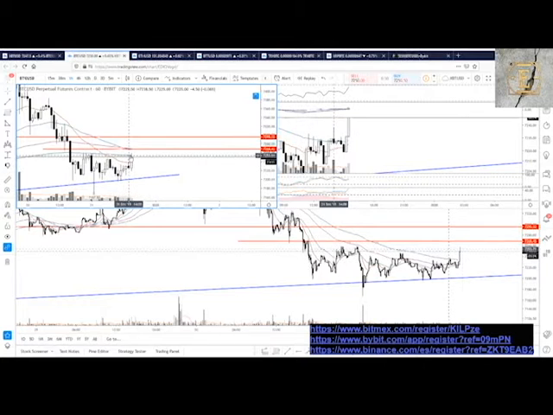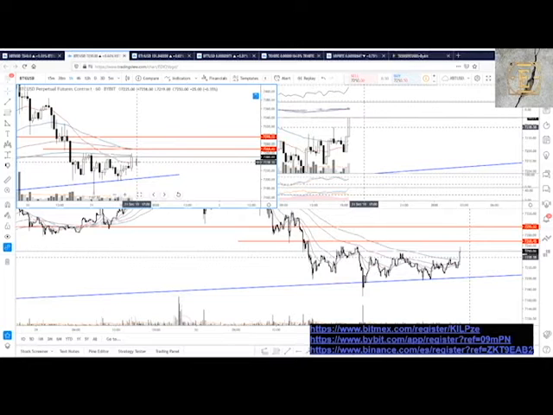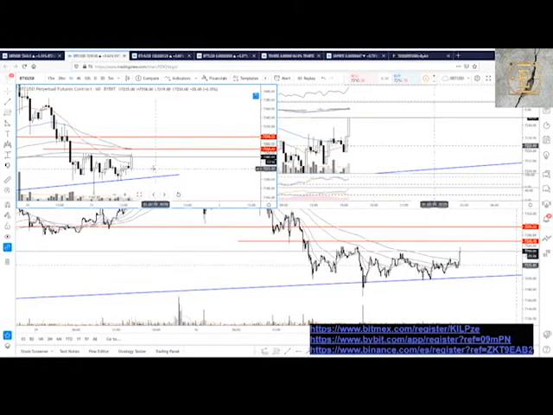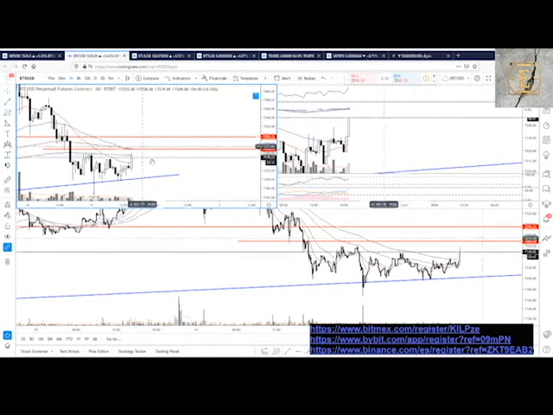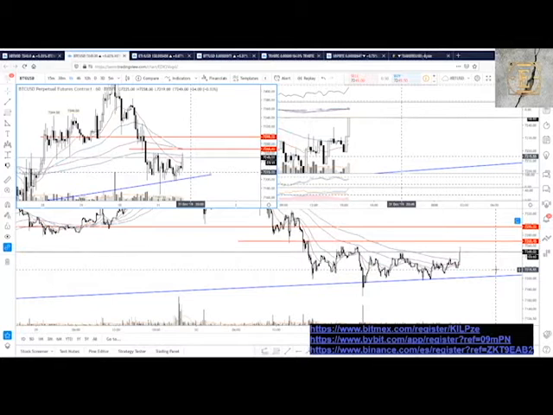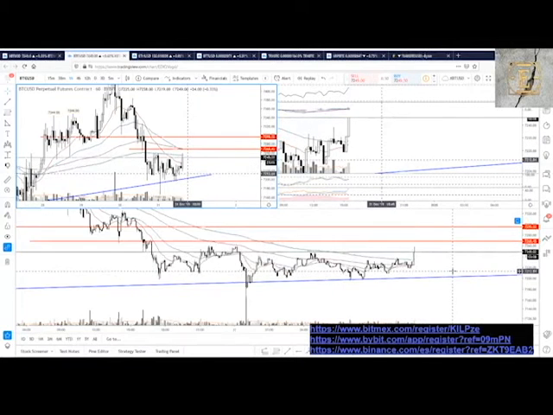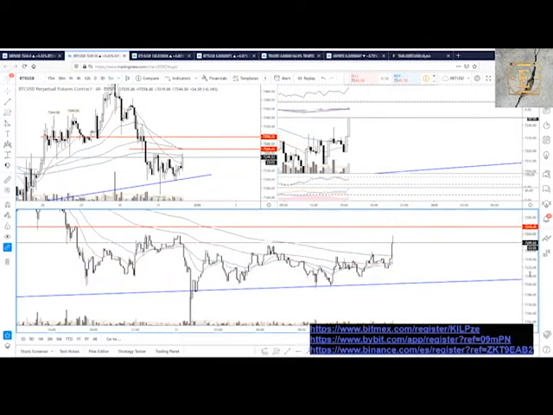Okay, so if the push achieves to close this candle above the 21 EMA, the attempt to the next area is going to be also their goal.